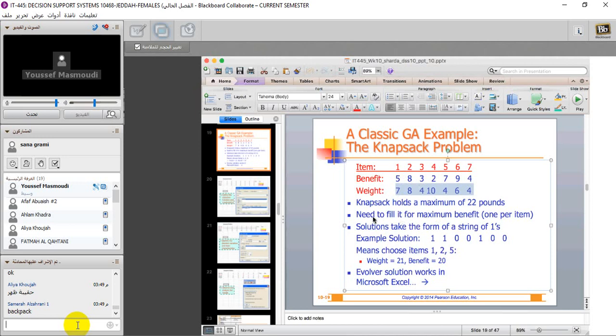The knapsack holds a maximum of 22 pounds. Let's say 22 kilos. So we need to fill it for maximum benefit.